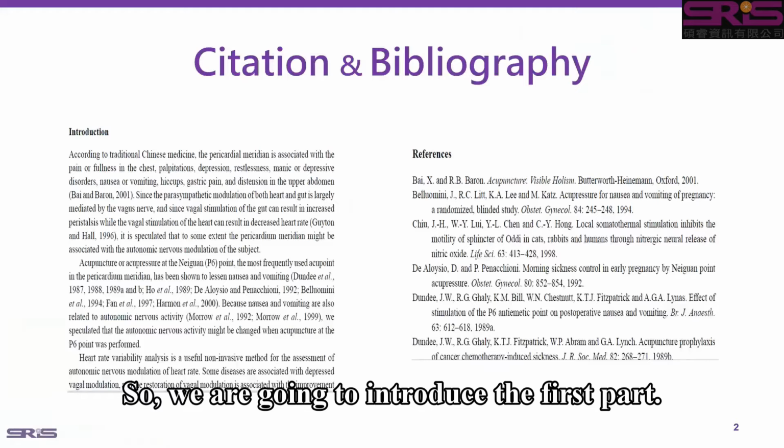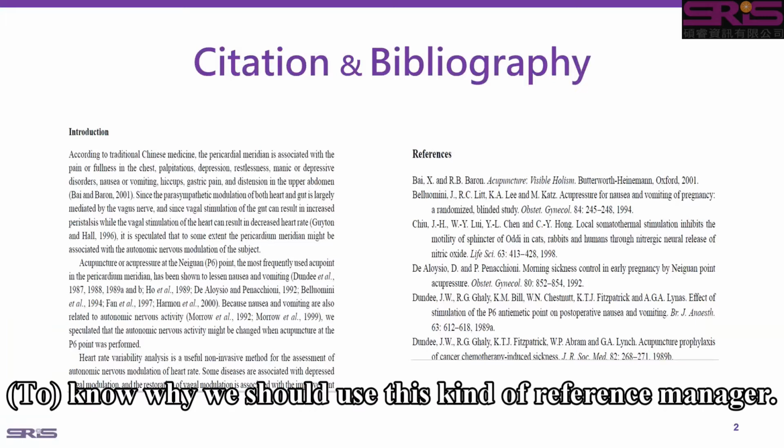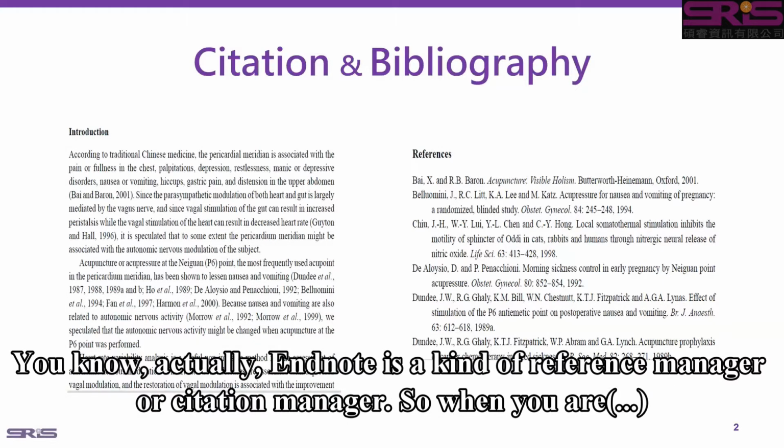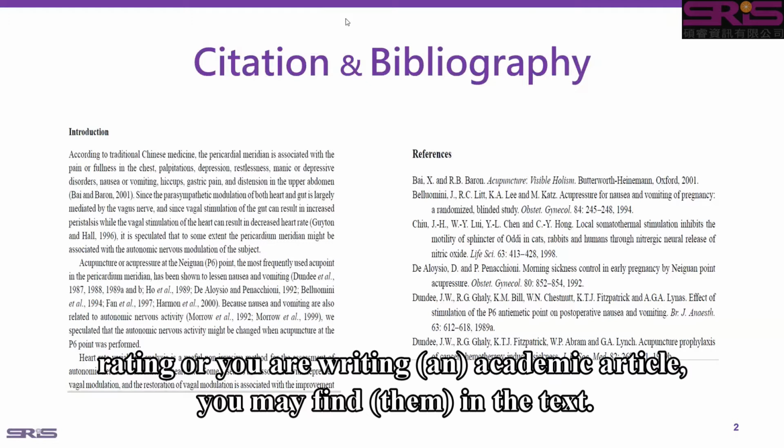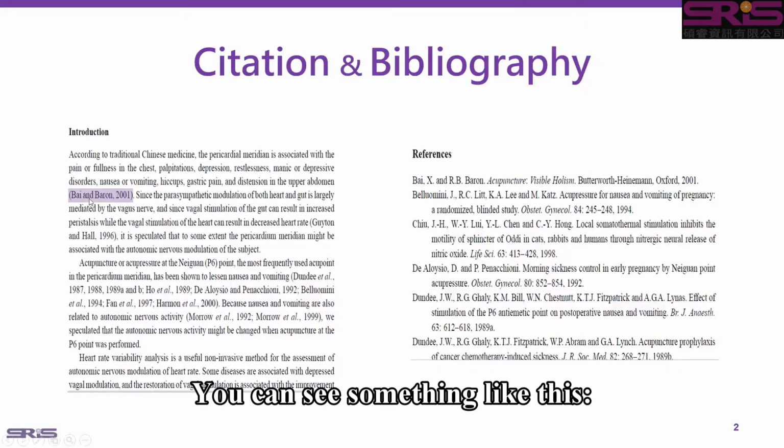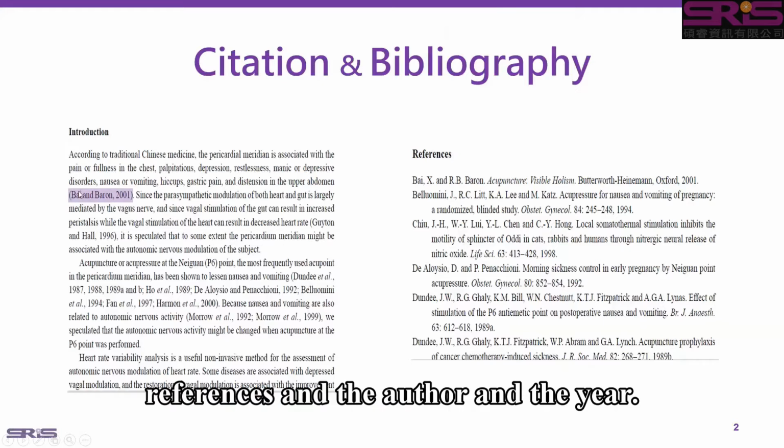The first part is to know why we should use this kind of reference manager. Actually, EndNote is a kind of reference manager or citation manager. When you are reading or writing an academic article, you may find in the text something like this, the author and then the year.